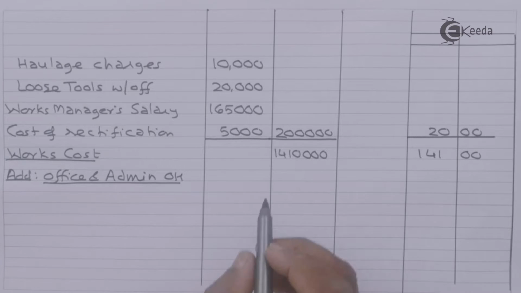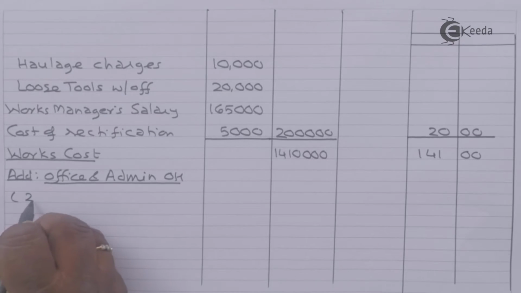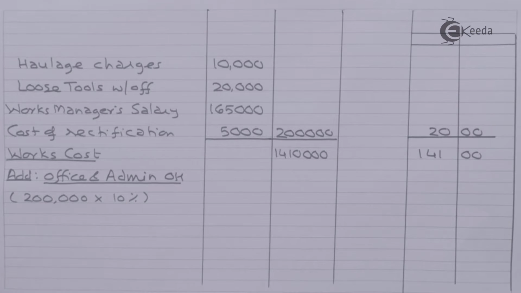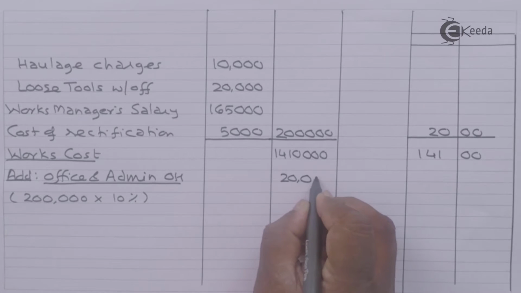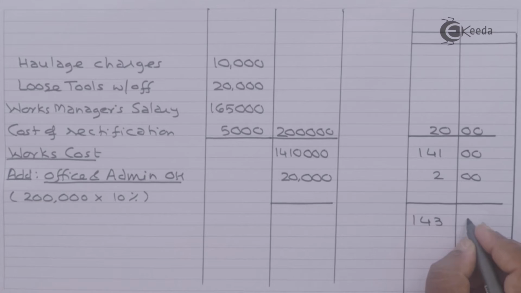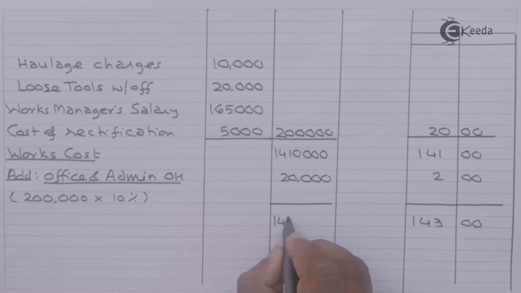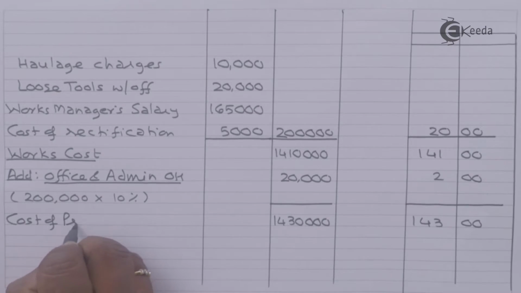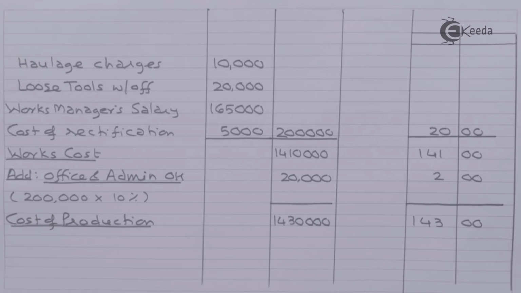Our total factory overheads are 2 lakhs. 10% of 2 lakhs, that will be rupees 20,000. So we got cost of production 14 lakh 30,000 and per unit it is 143.